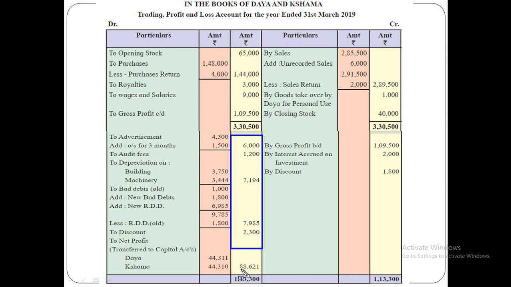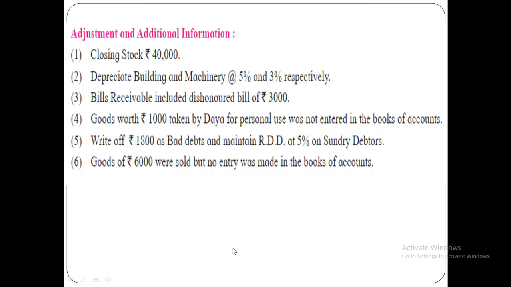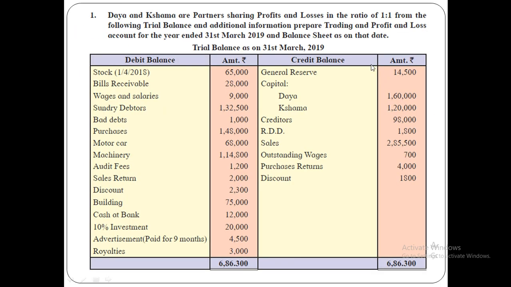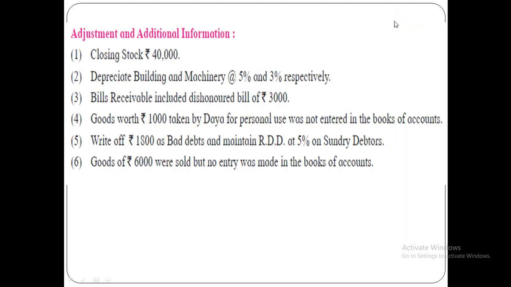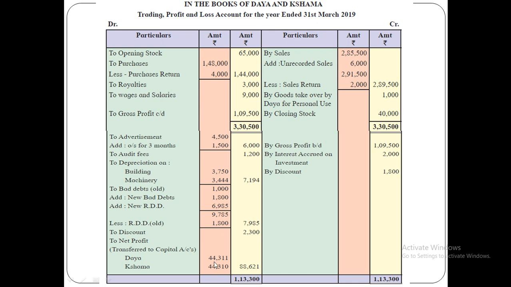Now here, as shown or given in the problem, the profit sharing ratio is 1 is to 1, means equal, means profit, that is 88,621 divided by 2.